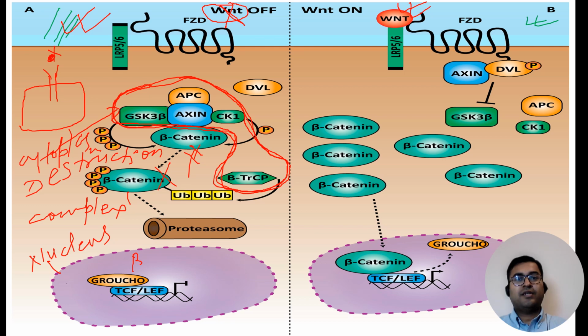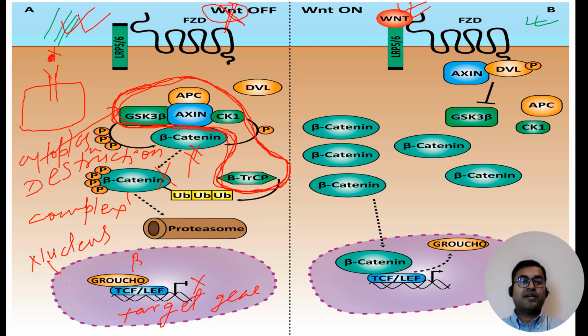When there is no Wnt ligand, this destruction complex, which consists of GSK3 beta, Axin, APC, CK1 and beta-TrCP, is going to destroy this beta-Catenin. There is no free beta-Catenin to go into the nucleus. So if there is no beta-Catenin in the nucleus, this target gene will not be activated. This target gene will remain suppressed.